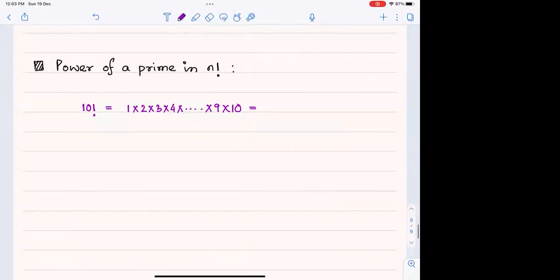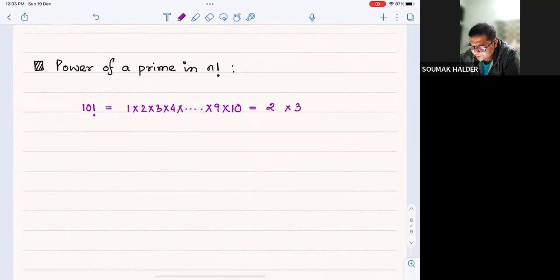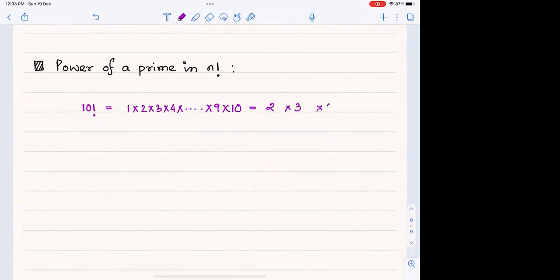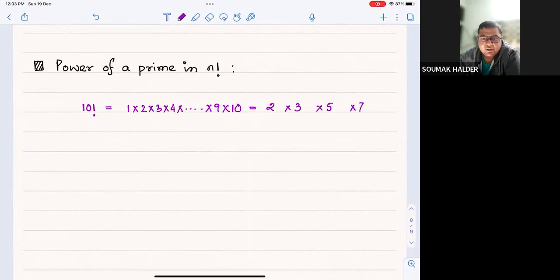So that means it's 2 in a certain number, 3 in a certain number, 5 in a certain number, and 7. All we need to decide is what will be their powers, meaning how many 2s, how many 3s, how many 5s, and how many 7s have been used.